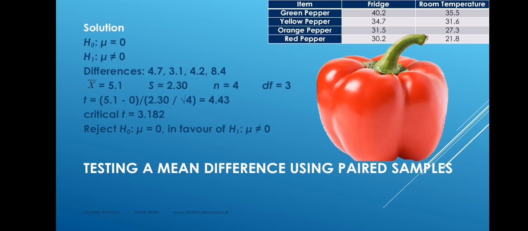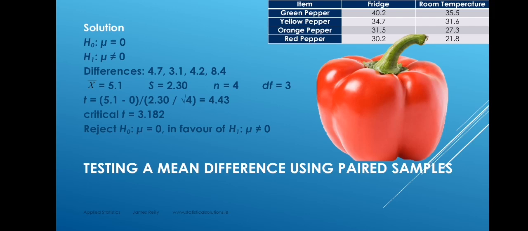And so we formulate this hypothesis test in this way. Our null hypothesis says that the mean difference is 0. And the alternative hypothesis says the mean difference is not 0. So we're not going to calculate the average for the fridge and the average for the room temperature and look at the difference. No. Instead, we're going to get the difference for each item and see if the difference is 0.